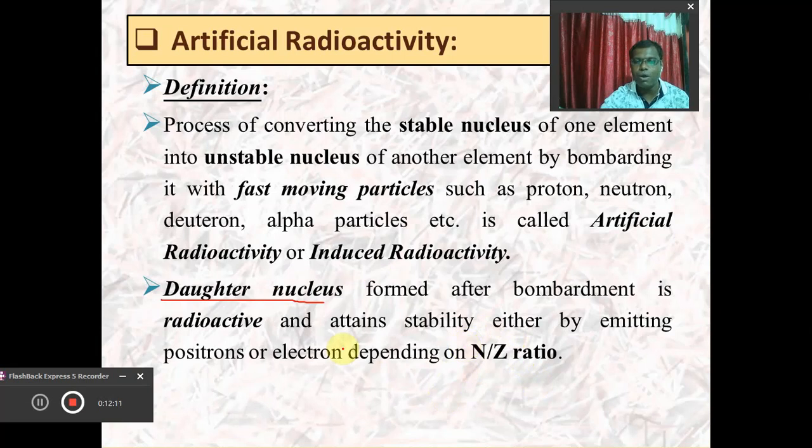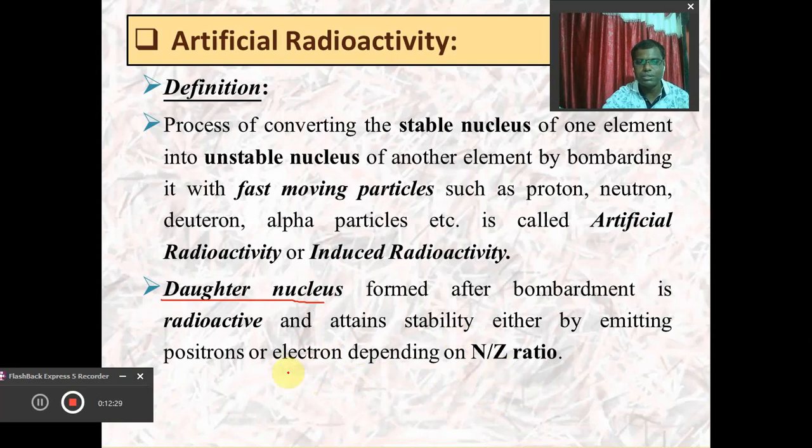How many protons and neutrons are present in the nucleus of the daughter element will decide the type of particles emitted by the radioactive recoil nucleus.